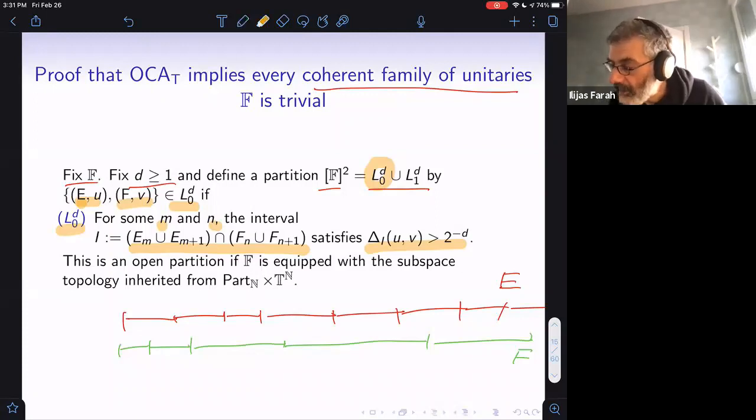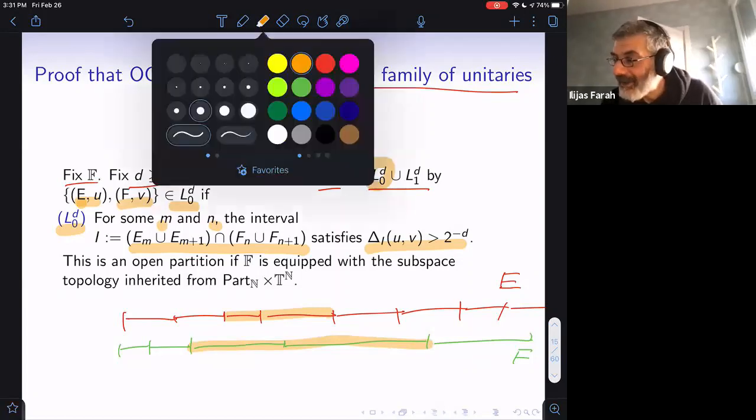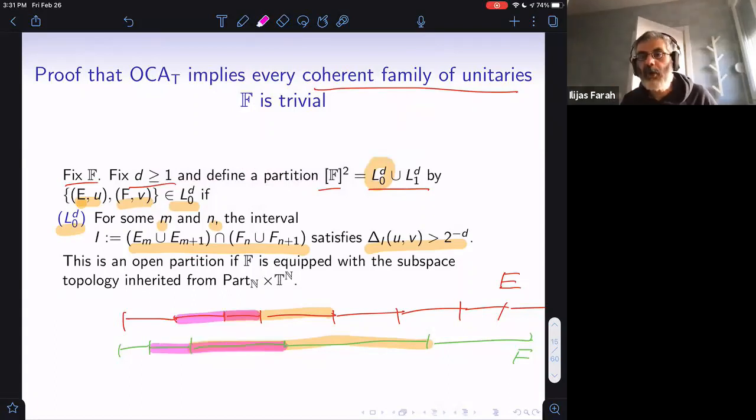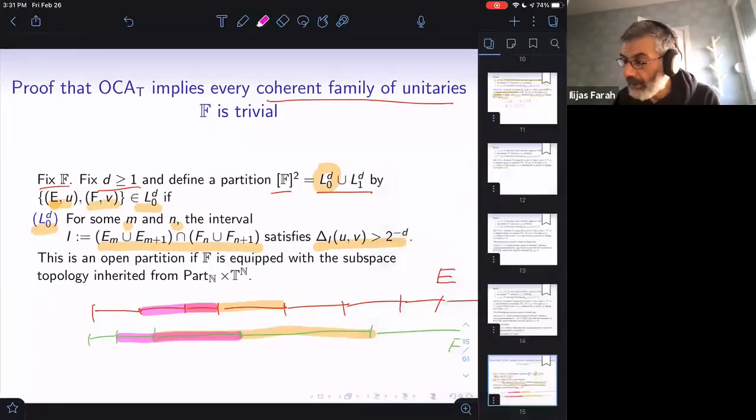If you take, for example, these two, I is actually going to be the union of those two intervals in E. If you take some other pair, like these two here, then again it seems that F somehow dominates E in my case. But you can see this is basically measuring how far they are. Anyway, let's see why this is an open coloring.